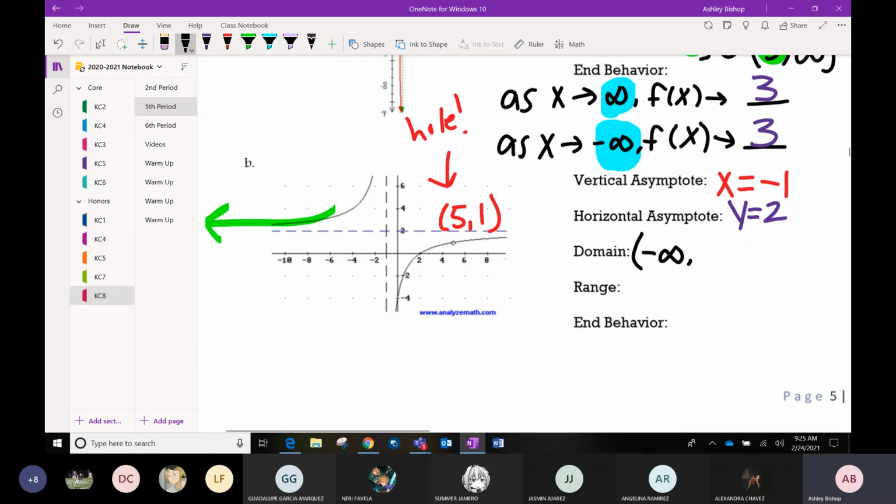It's going to the right, but it can't go any more right than -1, because the asymptote is messing with it. So the domain of my first graph is -infinity, comma, -1. And that number should match my vertical asymptote.